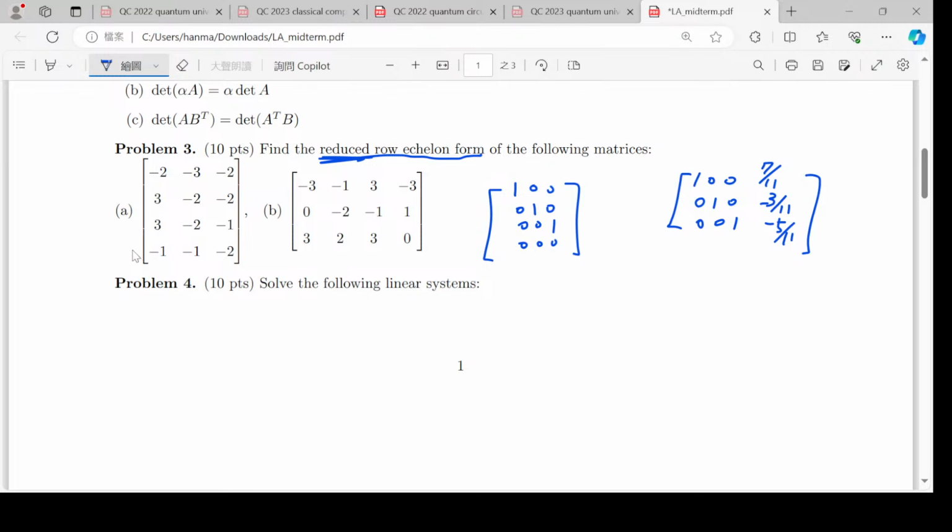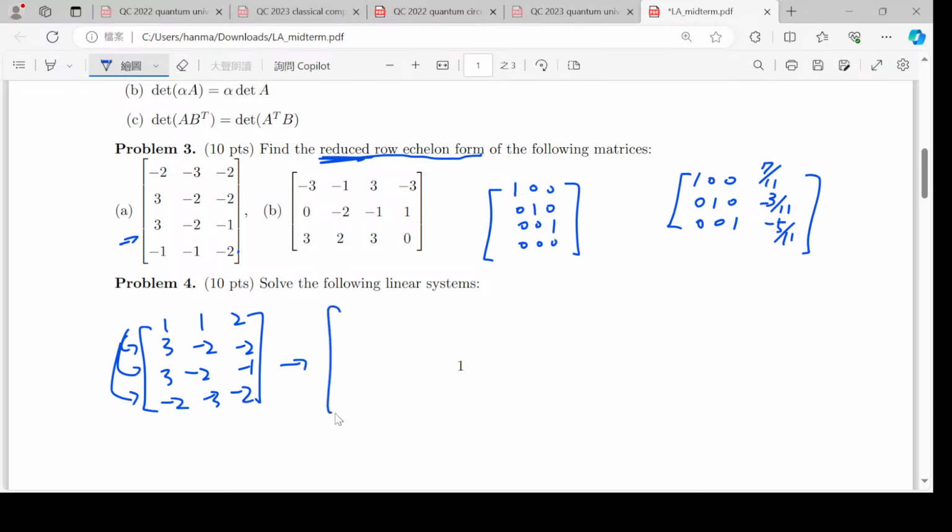If I want to make this reduced row echelon form, then I will swap those 2 rows to the top and take a -1, so it'll be easier. So 1, 1, 2, and 3, -2, -2, 3, -2, -1, and -2, -3, -2. And then we eliminate the first column.